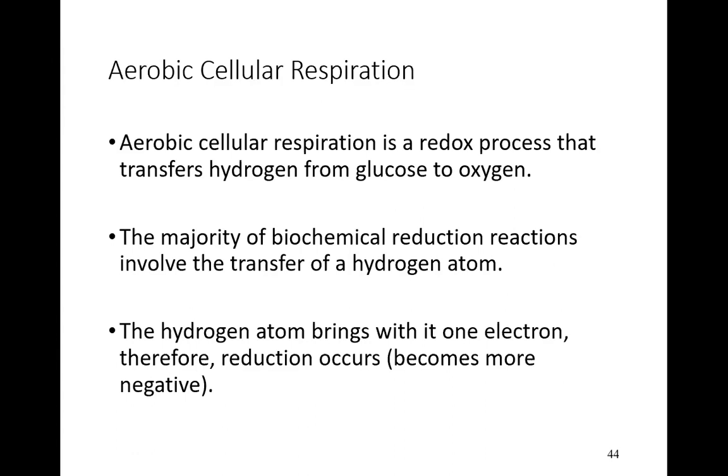Okay. Now, in cellular respiration, if we're going to use oxygen in our bodies, we call it aerobic cellular respiration. And most of the energy gain that our bodies get comes from aerobic cellular respiration. We use oxygen to strip away most of the electrons from glucose and most of that potential energy.